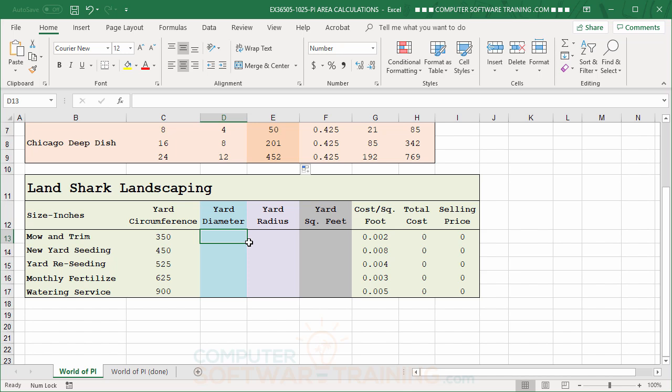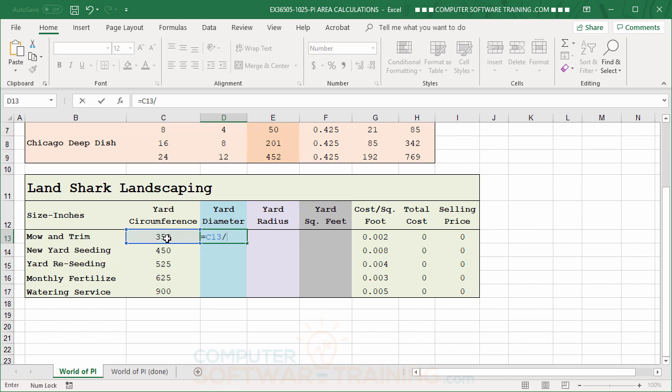Well, to figure diameter, that involves using the pi function, or pi just in general, right? The way we do that is we type in equal, and we say, okay, let's take the circumference, and we're going to divide it by pi.